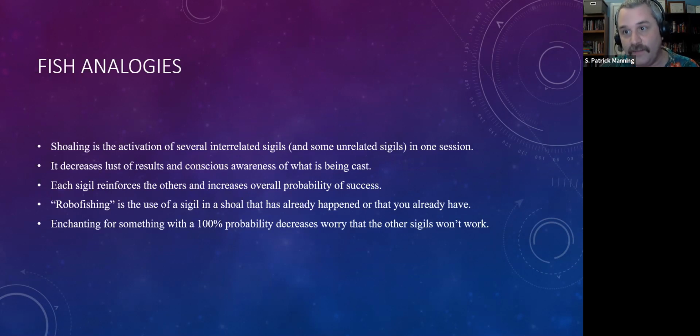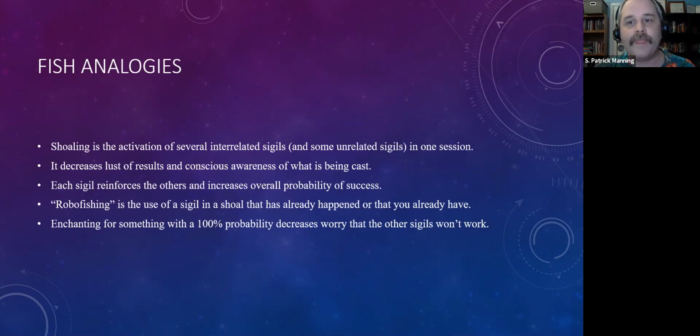Back to the analogy of buying a house, if I've got a job that pays $20 an hour, I'm going to do a sigil that says I have gainful employment that pays $20 an hour gross, and that's already a thing. So boom, it already improves the probability of all the other ones happening.